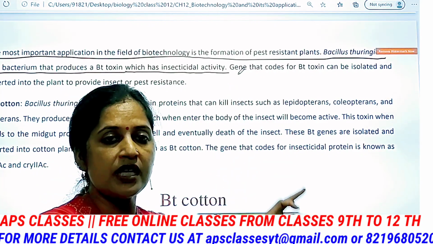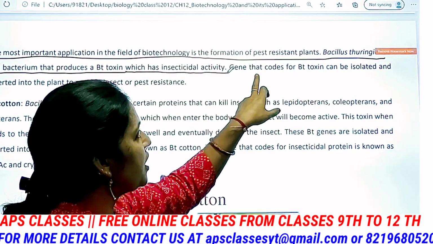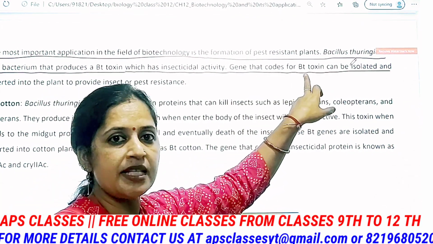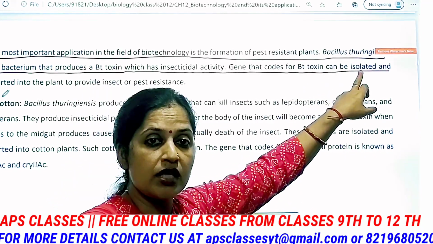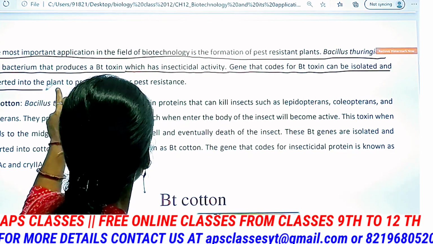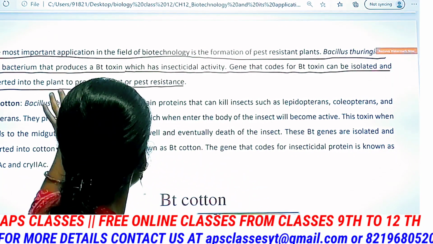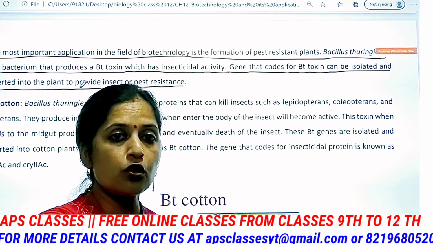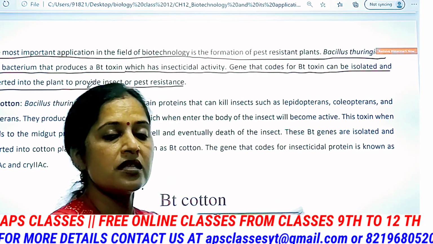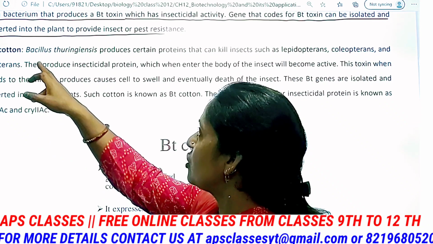Genes that code for Bt toxin can be isolated and inserted into the plants to provide insect and pest resistance. So next, what do you mean by Bt toxin?